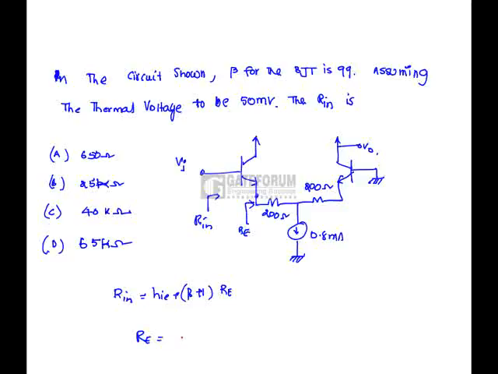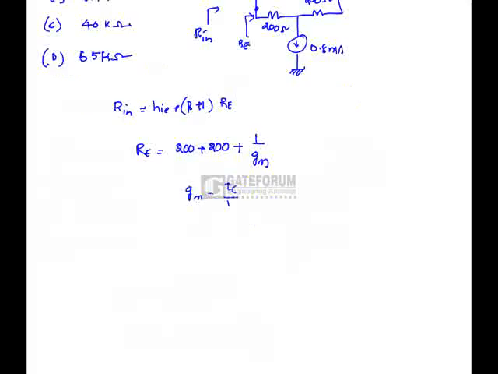Here Re is nothing but 200 plus 200 ohms plus 1 by gm of the transistor. We know that gm is IC by Vt. Here IC is nothing but alpha IE by Vt. Here IE is 0.4 milliamps, Vt is 50 millivolts, alpha is beta by beta plus 1. From this we will get the gm.